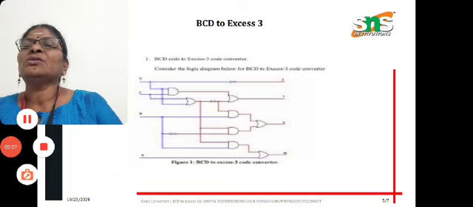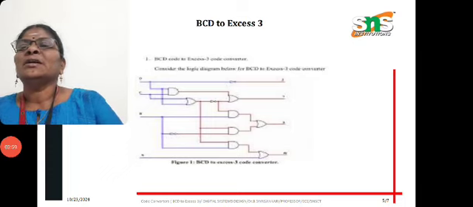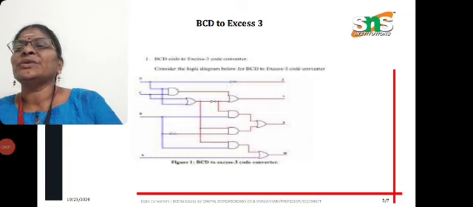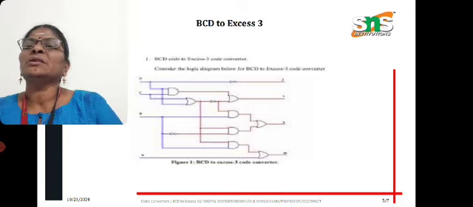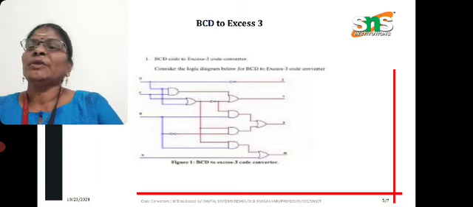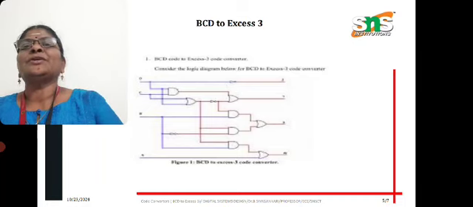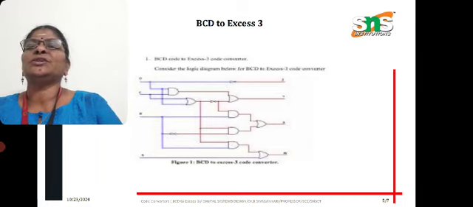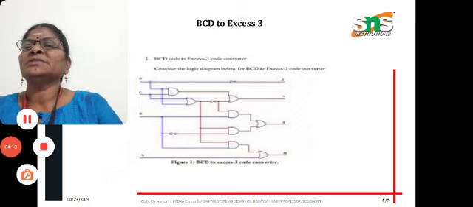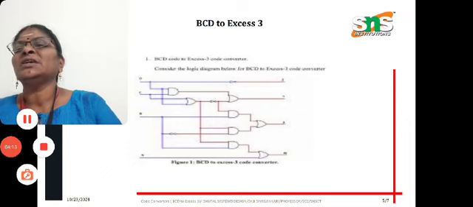So this is the logic circuit of BCD to XS3. You can see the inputs are A, B, C, D or B1, B2, B3, B4, and your outputs will be E1, E2, E3, E4. As I said, it is up to the designers; the variables may vary.